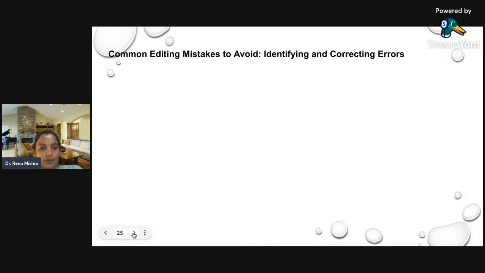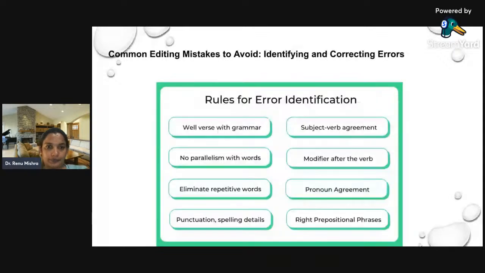Now, let me take you through some common editing mistakes which you should avoid. Firstly, you need to know some rules for error identification. Grammar, some pronoun agreement, punctuation details, spelling details. Repetitive words should be omitted.